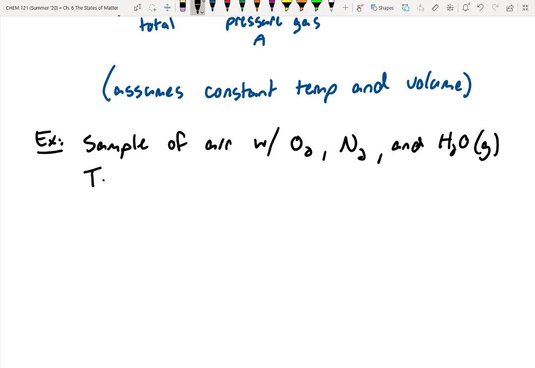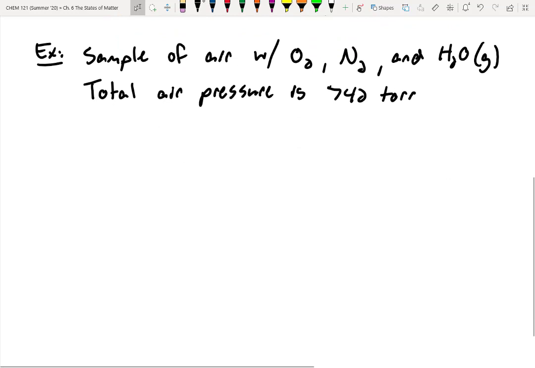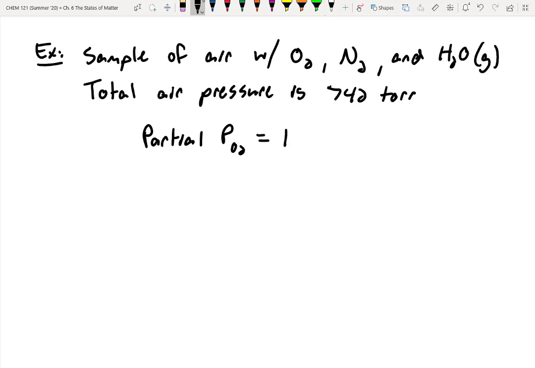All right, the total air pressure is 742 torr. Torr is one of those pressures we saw as being a commonly used one for gas laws. So we're going to practice using torrs. All right. And then the partial pressure of oxygen was measured to be 141 torr.